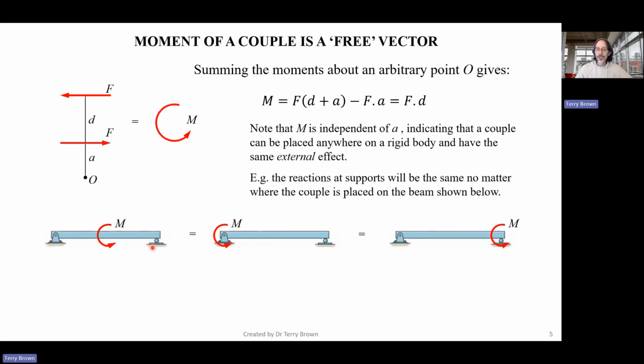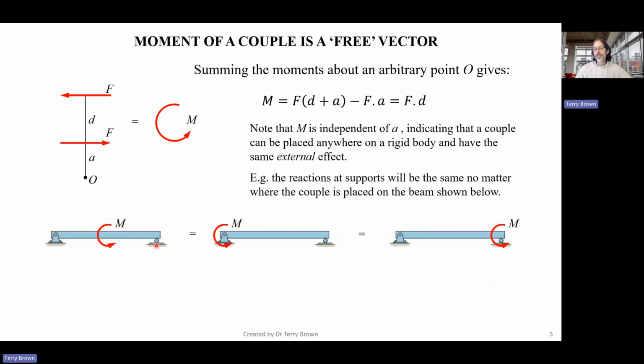Anyway, we can apply that at the center of the beam, and we would calculate our reaction forces here. We could apply the couple at the left-hand end of the beam, calculate the reaction forces, apply the couple at the right-hand end of the beam, calculate the reaction forces, and in all three cases, the reactions at the supports will be the same. As you can probably realize, there are no applied forces here apart from what's generating the moment.